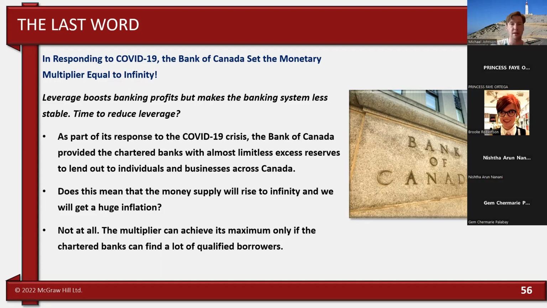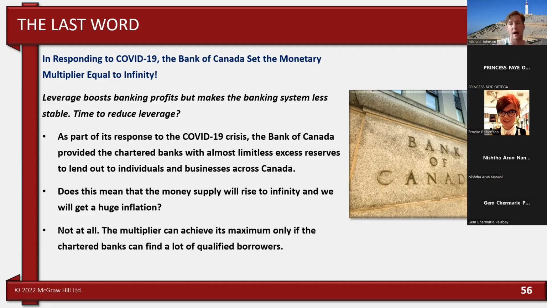So does this mean that the money supply will rise to infinity and we'll get huge inflation? Not at all. The multiplier can achieve its maximum only if charter banks can find a lot of qualified borrowers. So that's an important point here. It really depends on qualified borrowers.